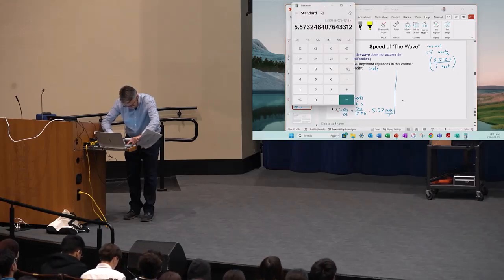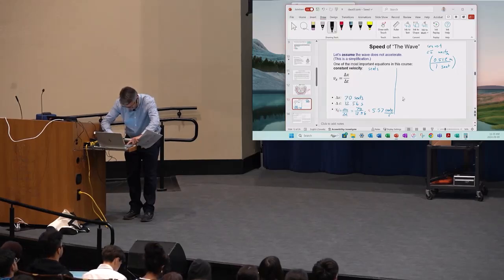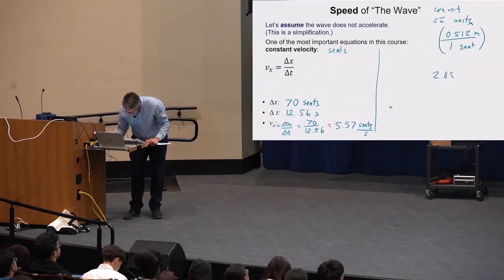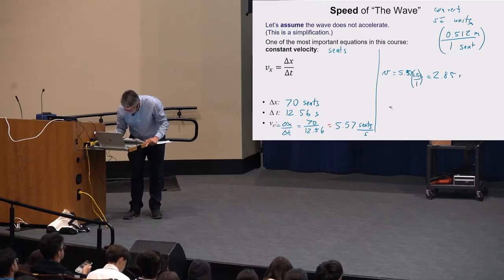It's good to convert these things to SI units. So v is equal to 5.57 times 0.512 divided by 1, which gives 2.85 meters per second.